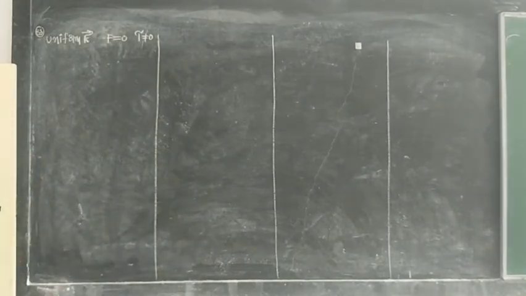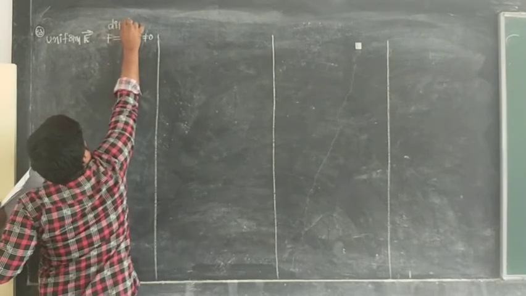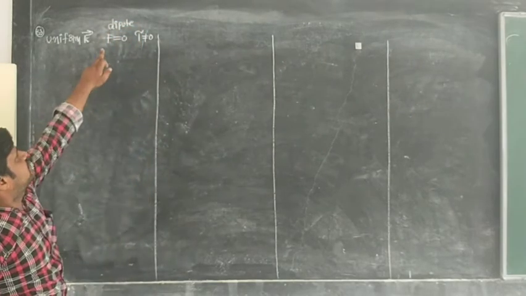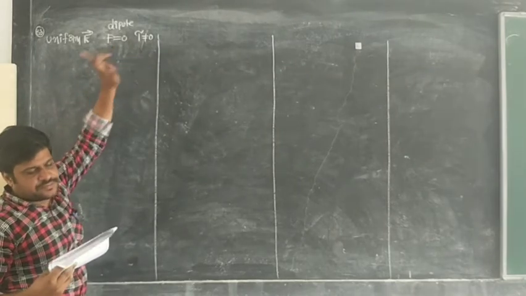That means in a uniform electric field, an electric dipole experiences net force 0 but net torque not equal to 0.